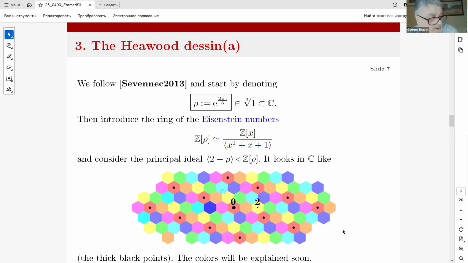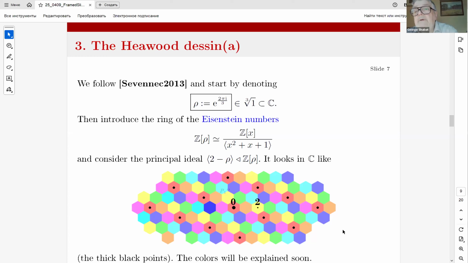Let's emphasize that our geometry takes place in the complex line, and our abstract ring of Eisenstein numbers is considered as the subring of the complex numbers.